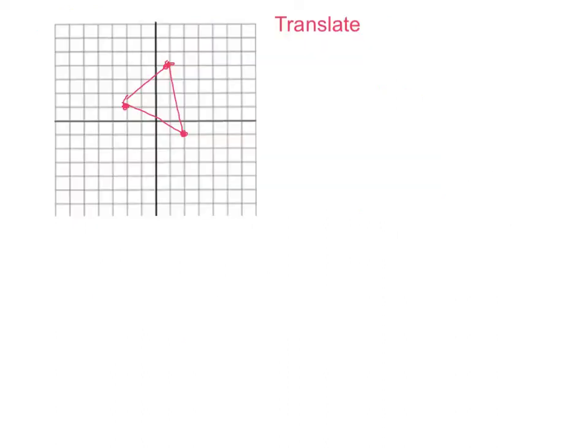Here's an example. We want to translate. A problem like this might have a diagram, a triangle, and if it's on a coordinate plane, it might say to translate by X minus 3, Y plus 2. So that might be the problem.